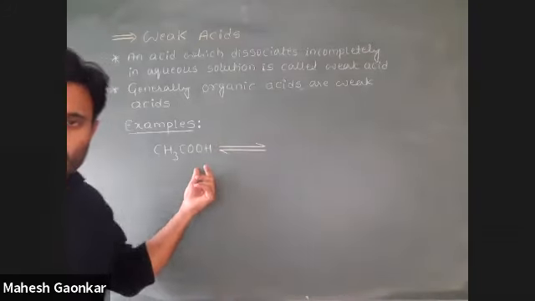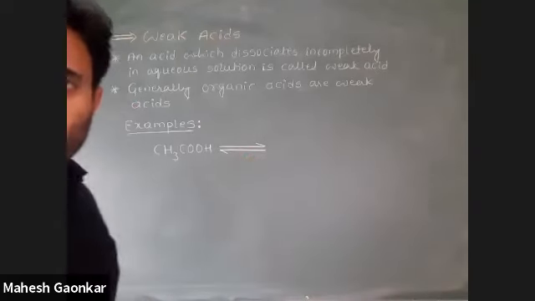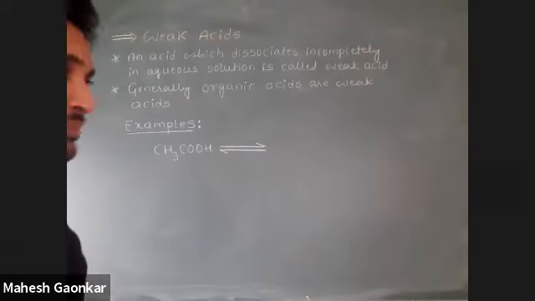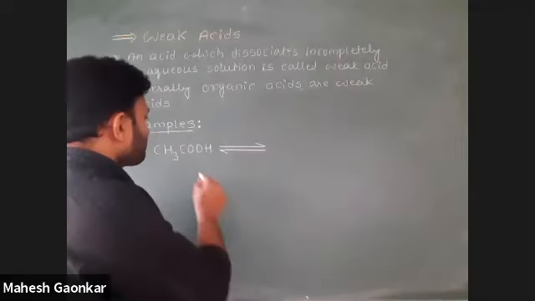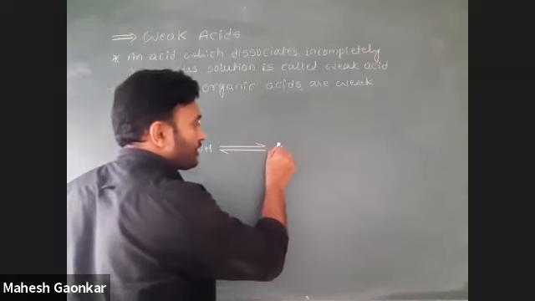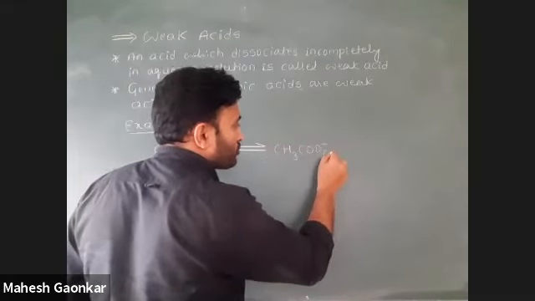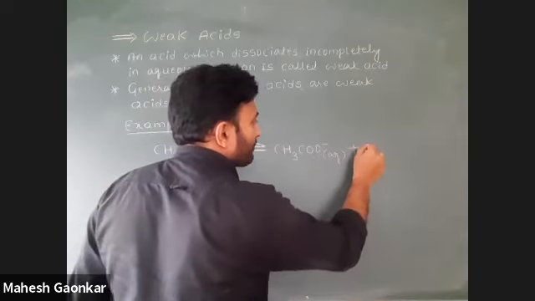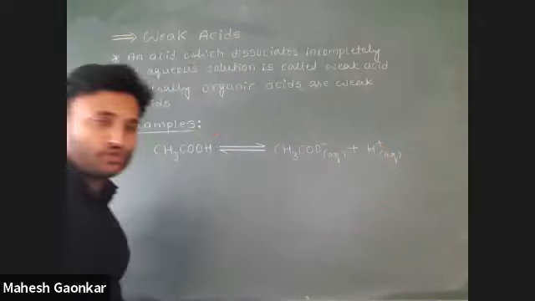If any substance dissociates incompletely, then it is represented like this, with a double arrow in opposite directions. Sometimes it is also called reversible. CH3COOH reversible CH3COO minus aqueous plus H plus aqueous.